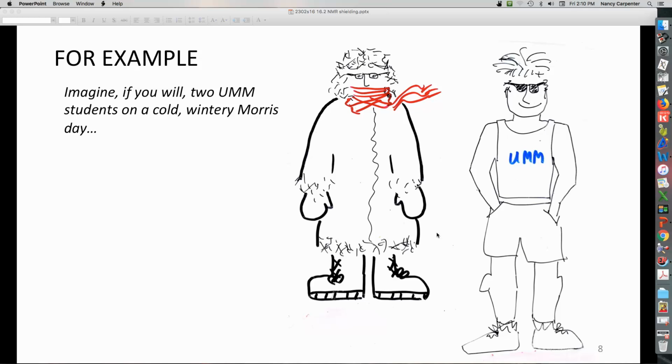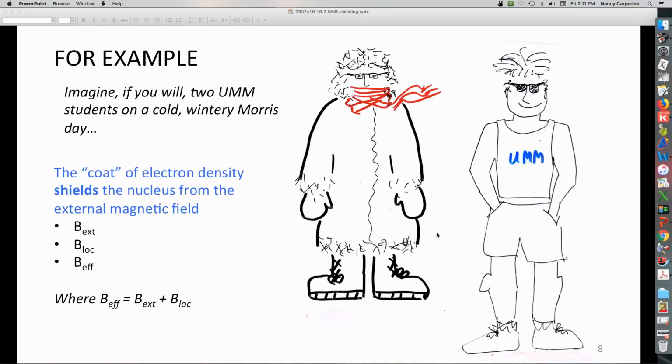But basically, if you look at these two UMM students, you can see that clearly one is going to feel the full brunt of that 0 degree weather a lot more than the other. They are both UMM students, but they feel the cold differently.